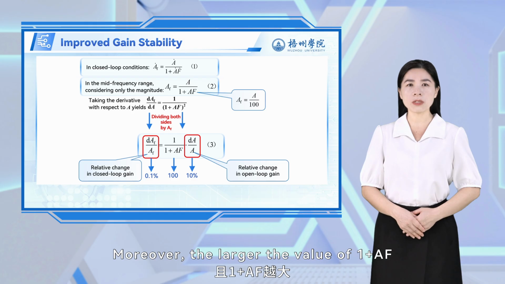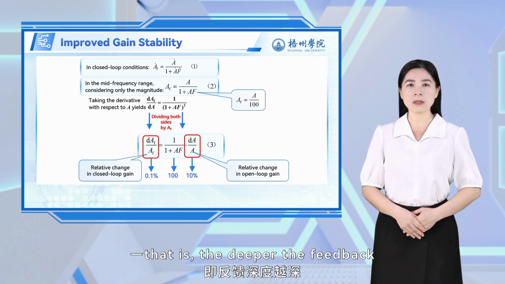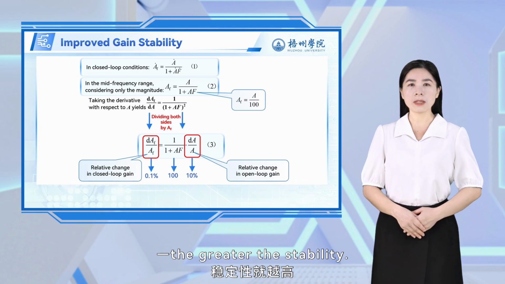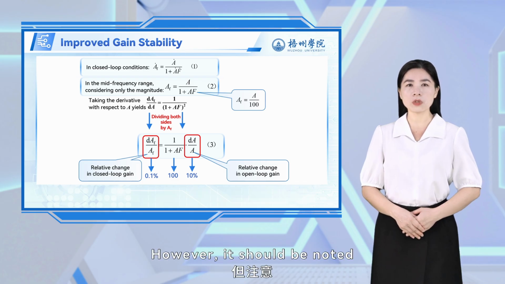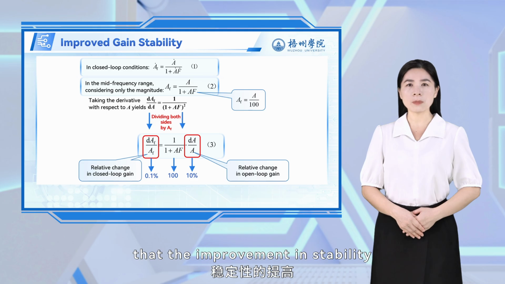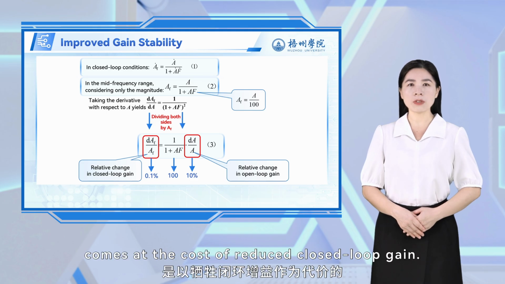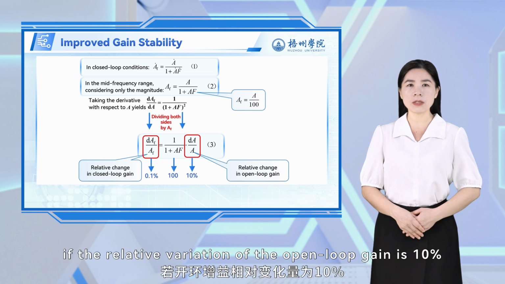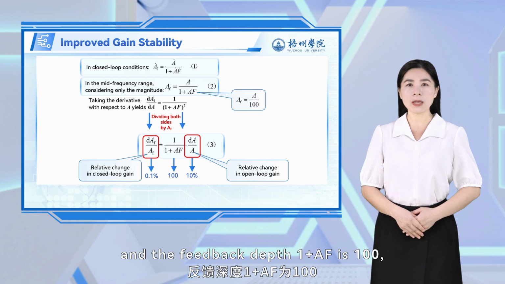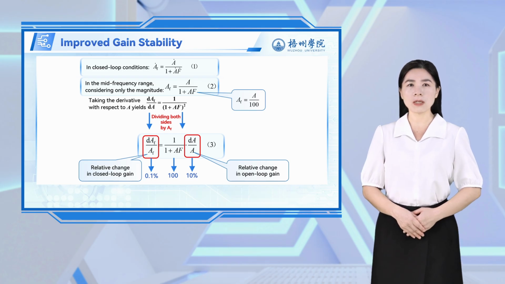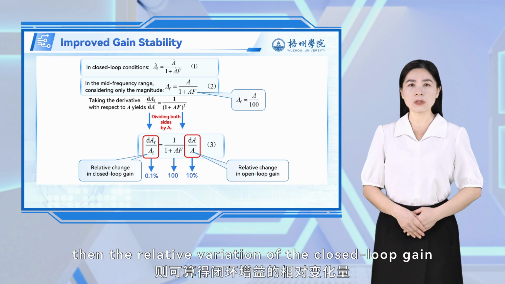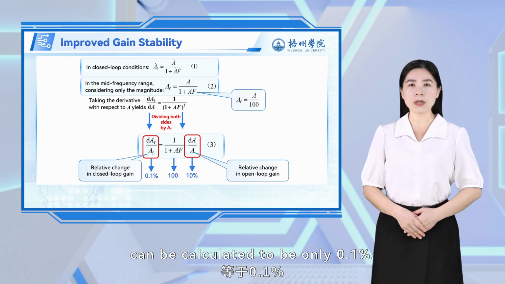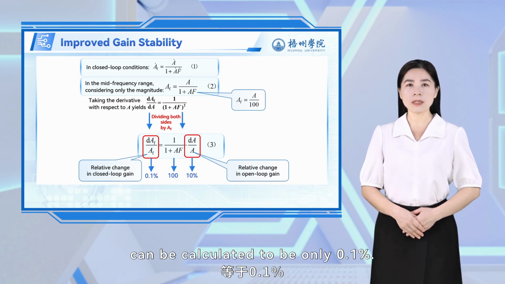Moreover, the larger the value of 1 plus AF, that is, the deeper the feedback, the greater the stability. However, it should be noted that the improvement in stability comes at the cost of reduced closed-loop gain. For example, if the relative variation of the open-loop gain is 10% and the feedback depth 1 plus AF is 100, then the relative variation of the closed-loop gain can be calculated to be only 0.1%.